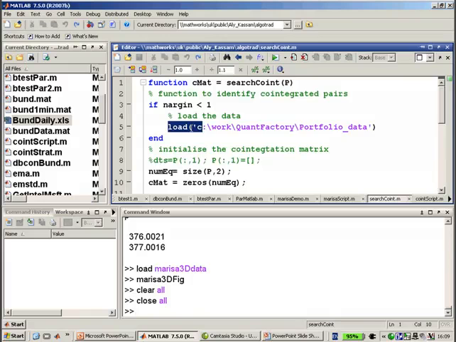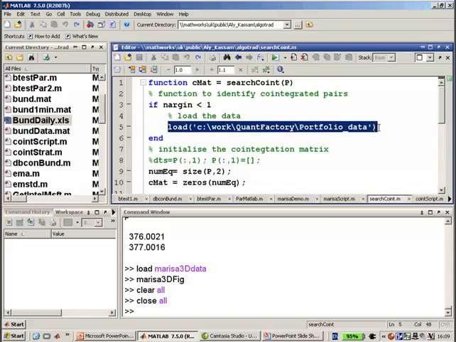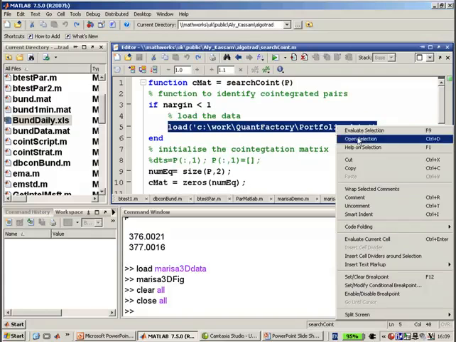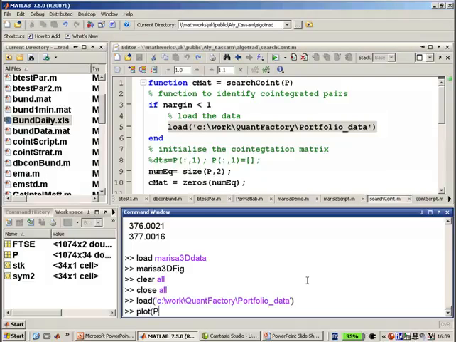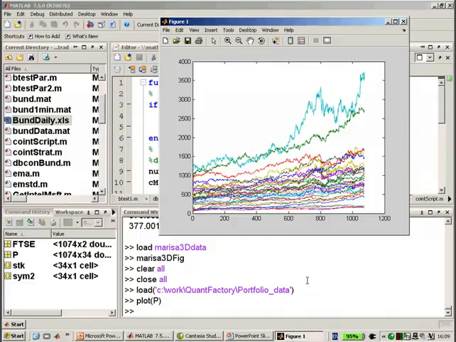I've saved them in a file. So evaluate selection P. There they are. They are 34 stocks taken from the portfolio of stocks that together make up the FTSE 100 index.